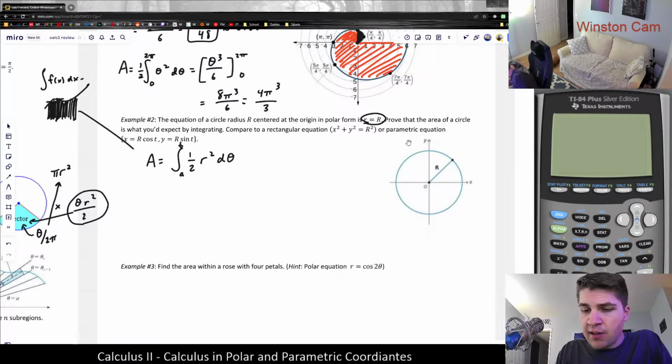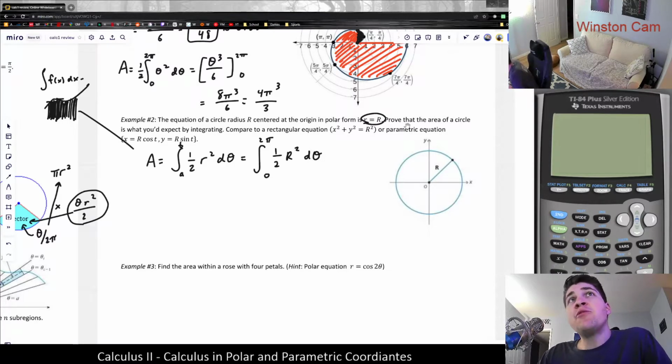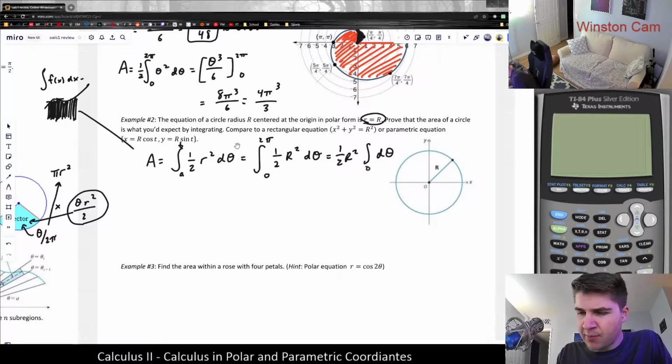So in order to calculate that for a circle, we need to integrate from 0 to 2 pi of 1/2 r squared. And the equation of a circle of radius R is just r equals whatever constant, so we'll replace this with capital R, with respect to theta. Since this is a constant function, the 1/2 can be pulled through the integral symbol, and that will give us 1/2 R squared times the integral d theta as theta goes from 0 to 2 pi.